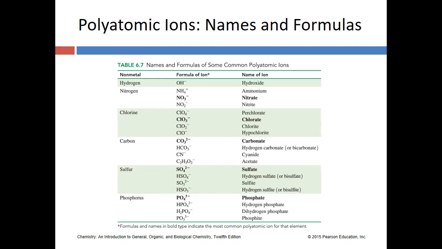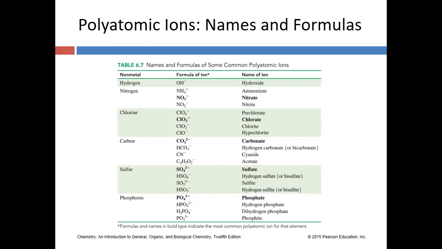When it comes to naming, you're going to be given this list. It's more about, can you recognize the clusters and choose the correct cluster when we encounter it. So if you see ClO3, instead of trying to beat your head against the wall figuring out what that is, you look to the chart and say, oh, ClO3, that's chlorate.